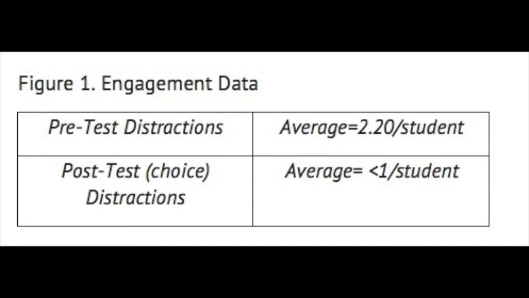For the post-test, when students had choice, the average for distractions was less than 1 per student, which shows that the engagement went up as students got to choose their assessment.